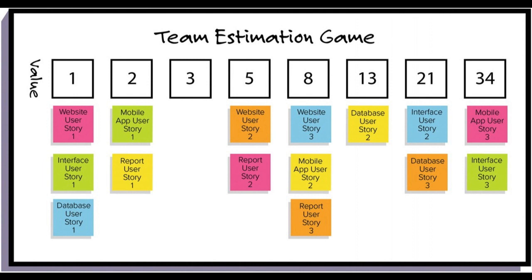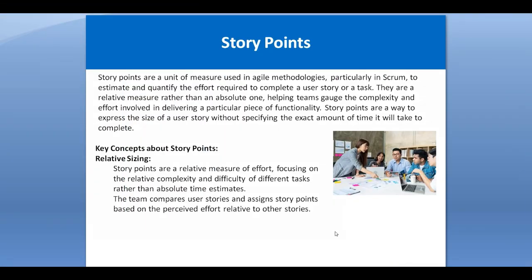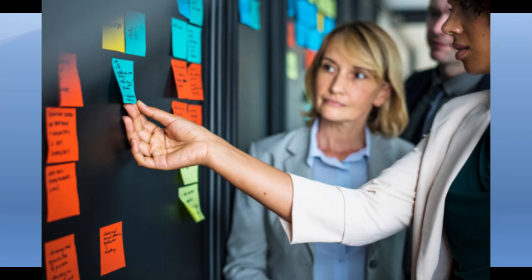So, key concepts about story points. First one is relative sizing. Relative sizing means that story points are a relative measure of effort. We compare one story with another, and based on the complexity we assign a number or a point to the user story. For example, suppose there are two stories. One is the customer can sign up, and the second is the customer can do the payment.